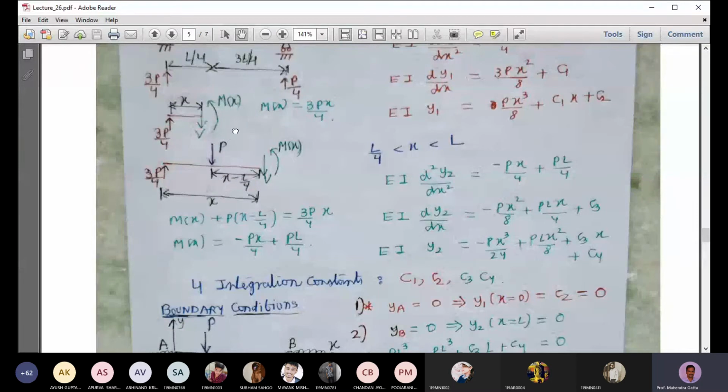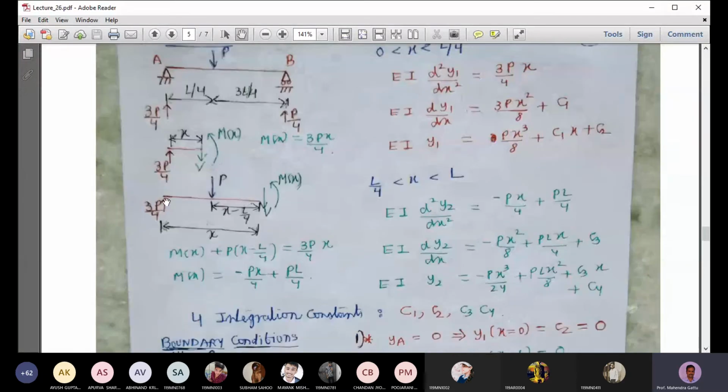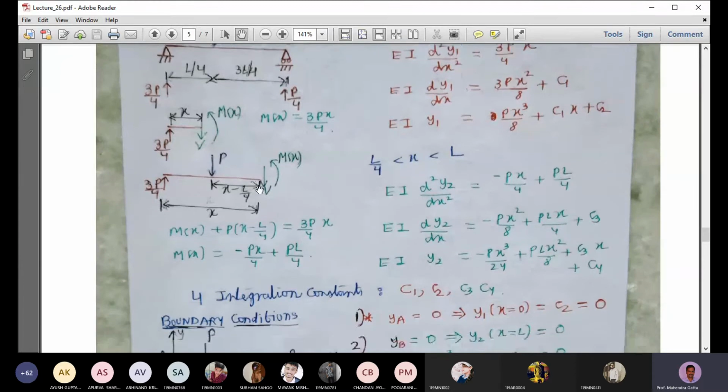Now we'll find the bending moment between C and B. We cut a section there, so now the point load comes into the picture. The total distance is x. The distance between the point load P and that section is x minus L by 4. We find the anti-clockwise and clockwise moments about this surface.